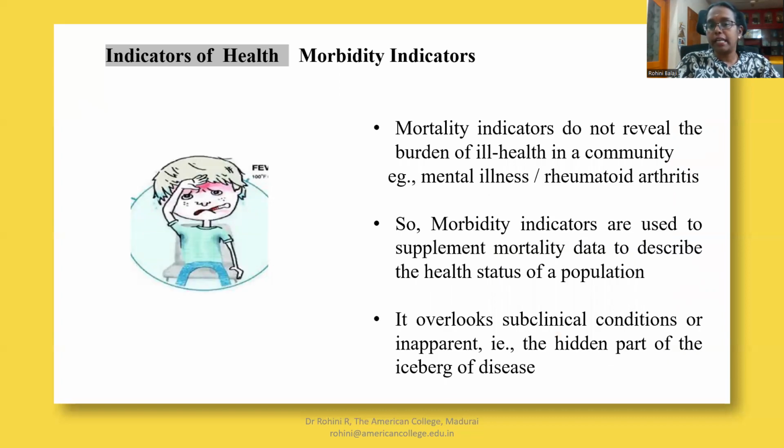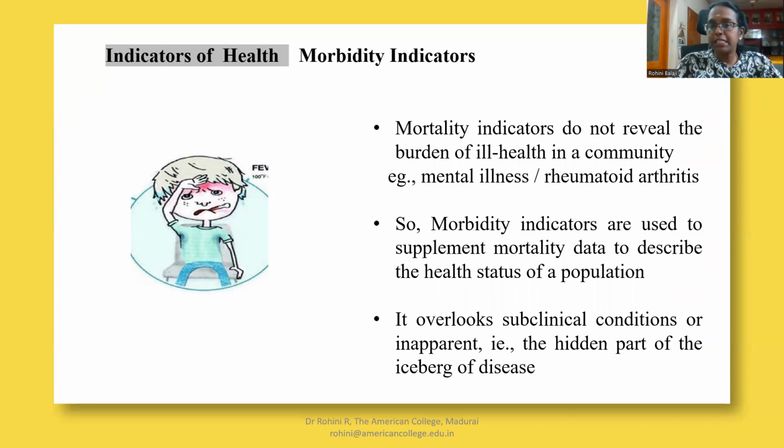The mortality indicators do not reveal the burden of ill health in a community. For example, in mental health, the death rate does not represent the mental illness or rheumatoid arthritis.